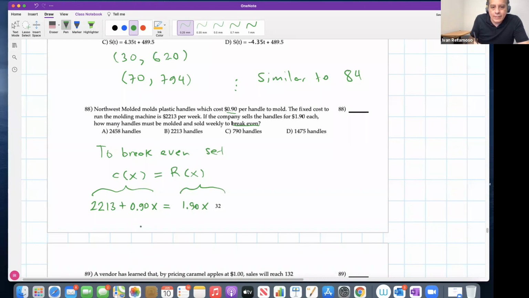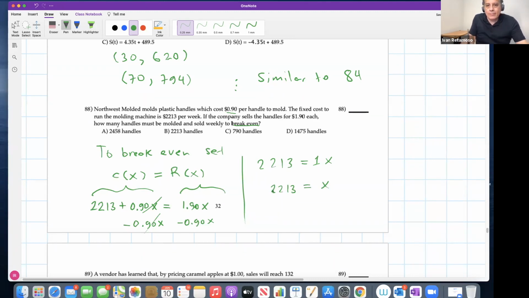So we're going to solve this for X. Subtract 0.90X on both sides, okay? So here you're going to get 2,213 equals, this is 0, this is just 1X. So 2,213 should be the number of handles that we have to consider to break even, right? Very good. That's it.